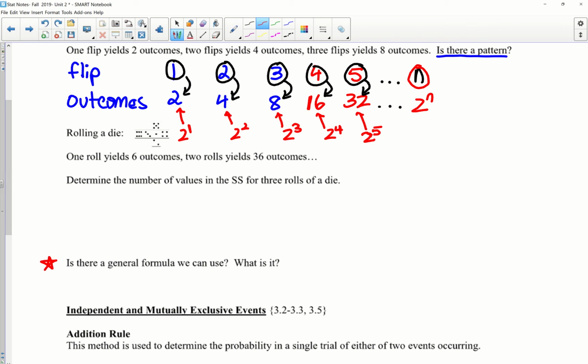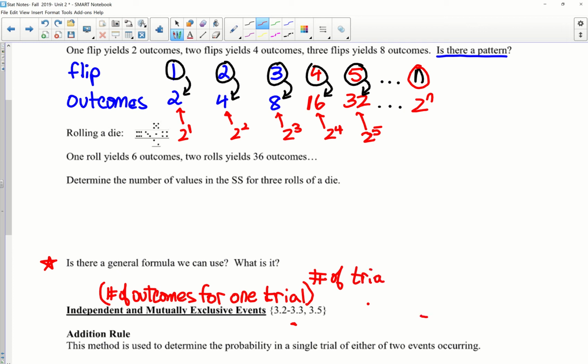It seems like it is the number of outcomes for one trial, and it's going to be raised to the number of trials. So that's the answer to the question for the general formula.